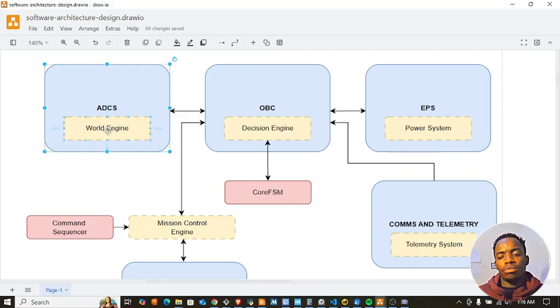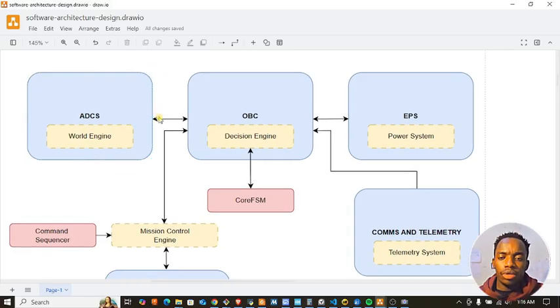Things to do with light, ambient light around the CubeSat. So that's the world engine, right? What are the environmental values around me? Now that is two-way communicated to the onboard computer, right?